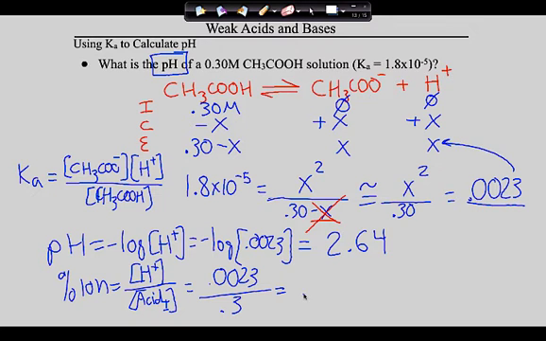That gives 0.77%. This acid is so weak that 99.23% of it is not protonated at 0.3 molar. Do you get the idea?